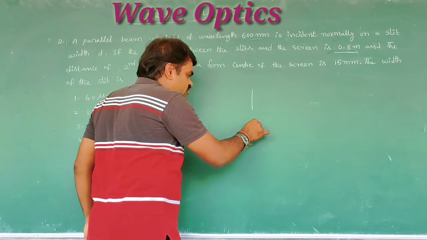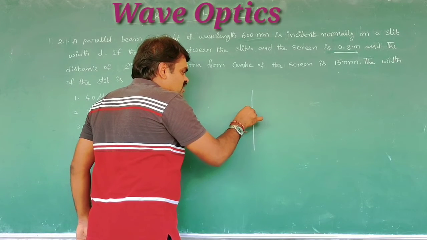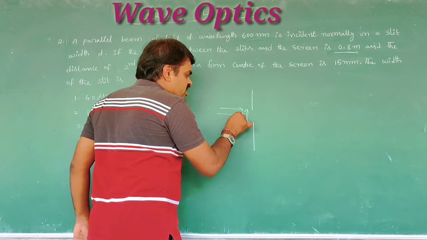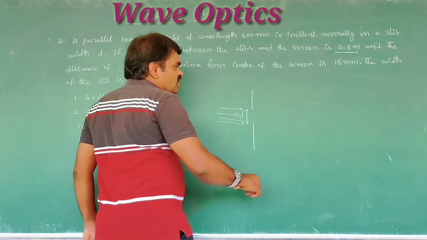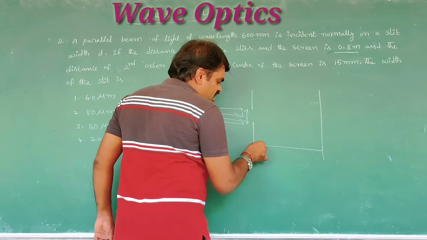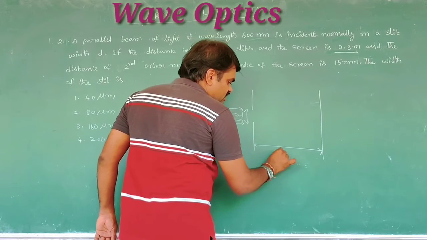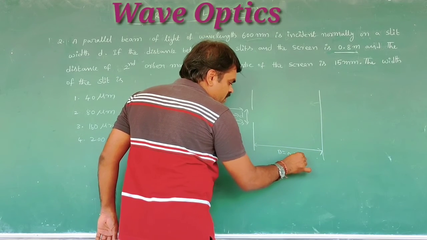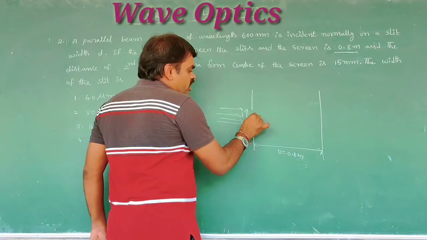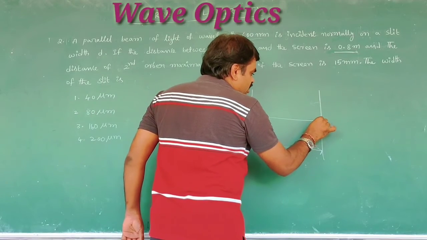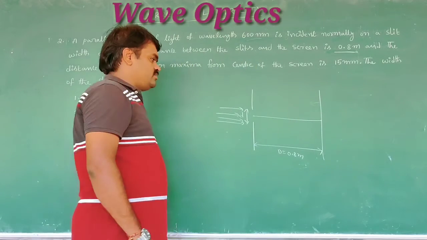Here it is a slit of width d. The parallel beams are incident on it. The distance between the screen and the slit is given as D. Now it is the center maxima.